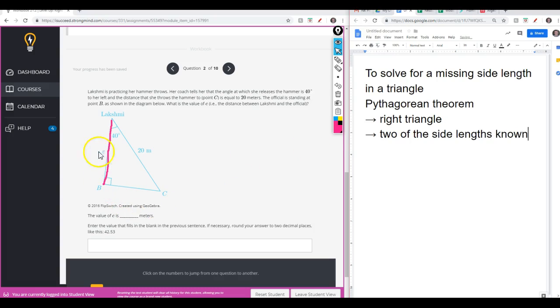So if we look here, we only have one side length, which is 20 meters. We do not have the length of BC, and we don't have this length B to L, because that's what we're trying to find. So Pythagorean theorem is not going to work.